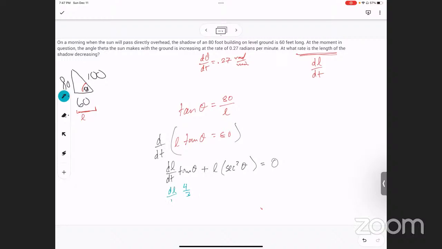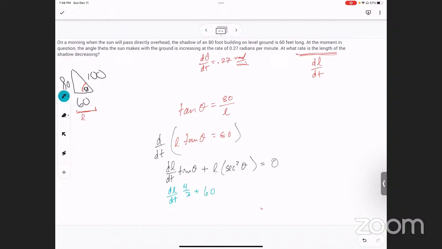So dl dt, which is what they want us to find, plus what's the length right now? At what rate is the length of the shadow decreasing? They're talking about at this point when there's a 60-foot long shadow. So it's 60.